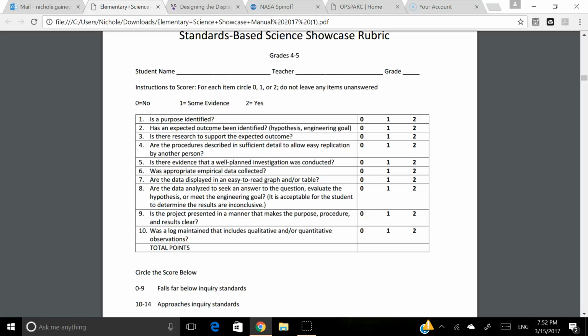So you can see the indicators here having to do with purpose, the scientific method, engineering cycle is there, collecting their data, how they present their data, the overall presentation of the project.